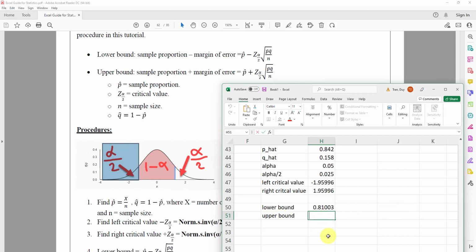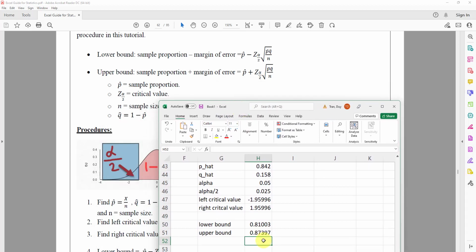I double click, I just paste what I copied up there, and then the minus, I just change it to the plus because I'm looking for the upper bound. So I delete the minus, I change it to the plus. So my upper bound would be 0.87397. So this is my lower bound and this is my upper bound of this proportion.